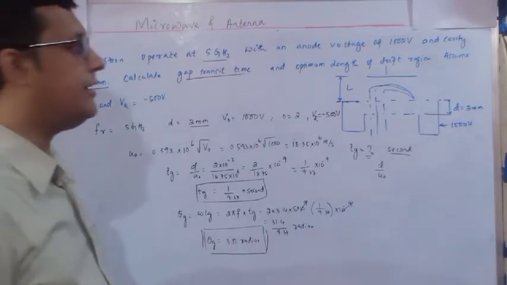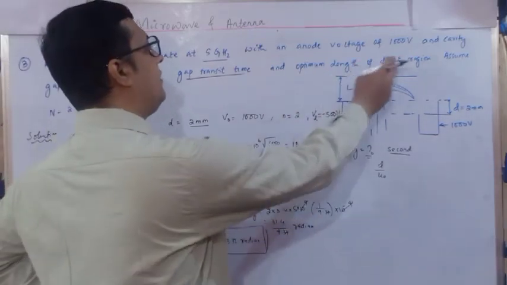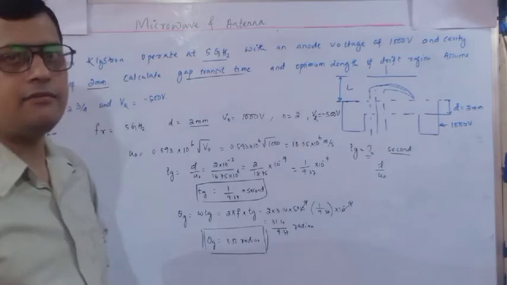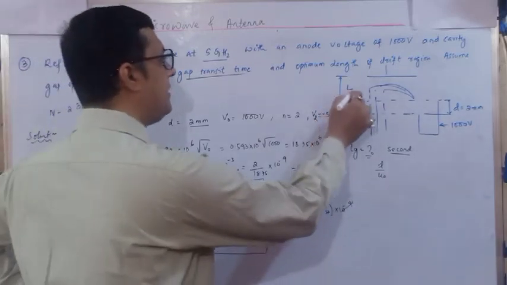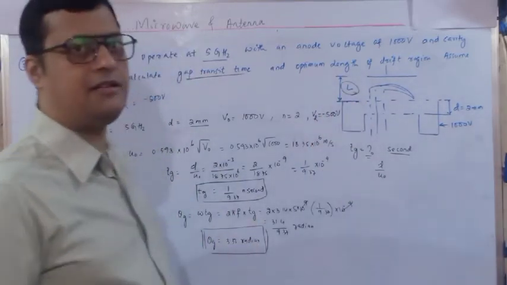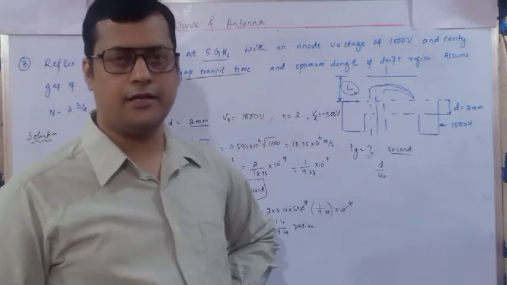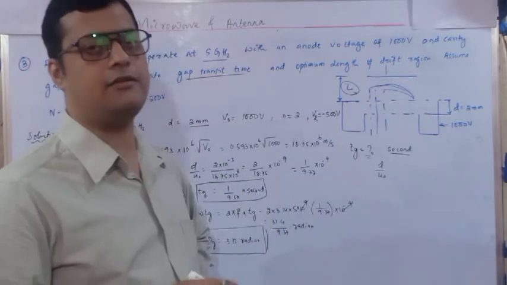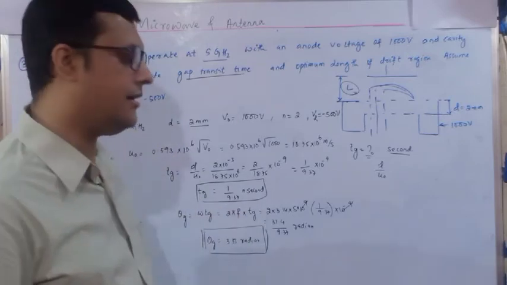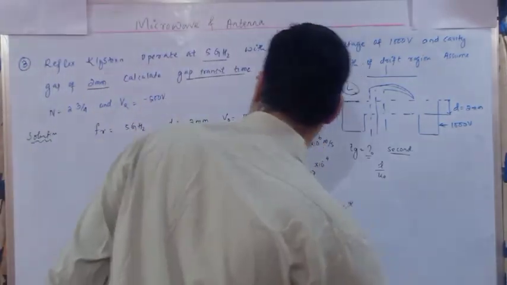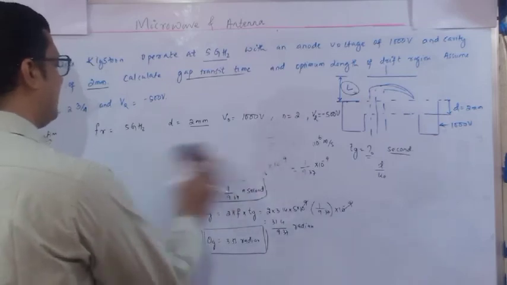Next we have to calculate what is the optimum length of the drift region. Optimum length of the drift region means what is the repeller space. Now for repeller space, in previous example we have seen how we have calculated the repeller space. Similar to that, we have to again calculate the repeller space. So let me erase it.